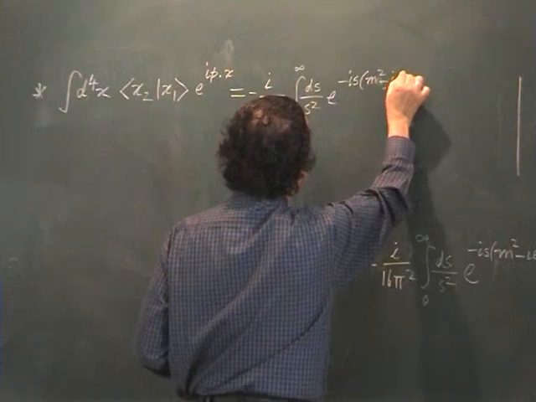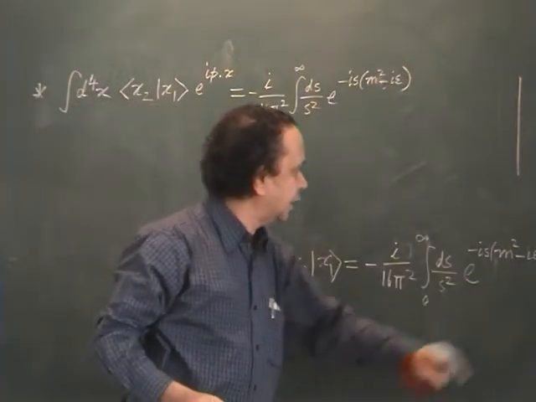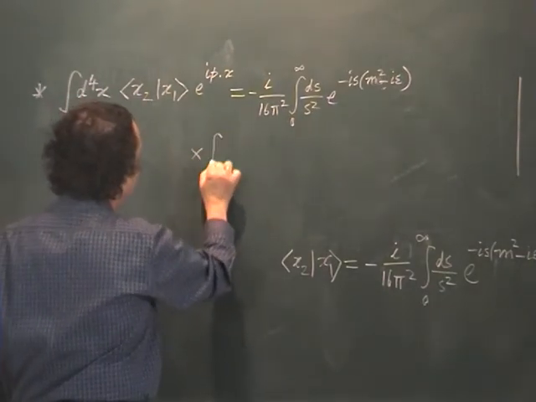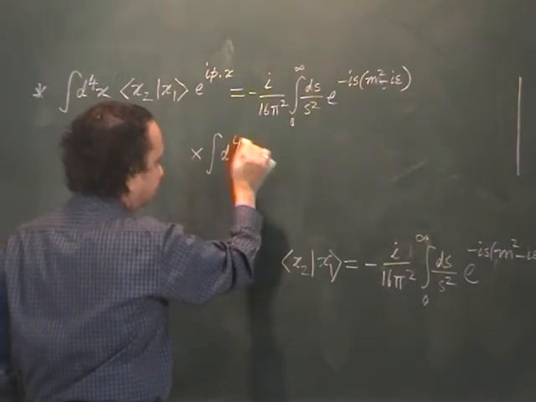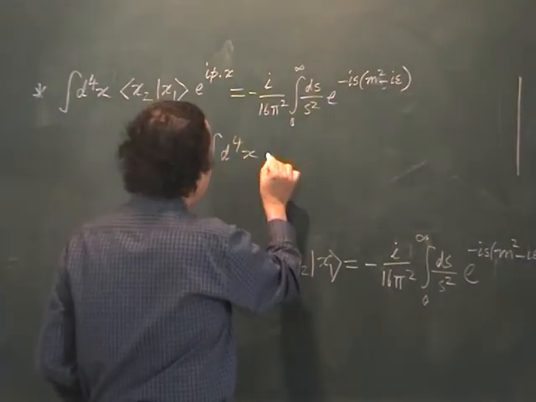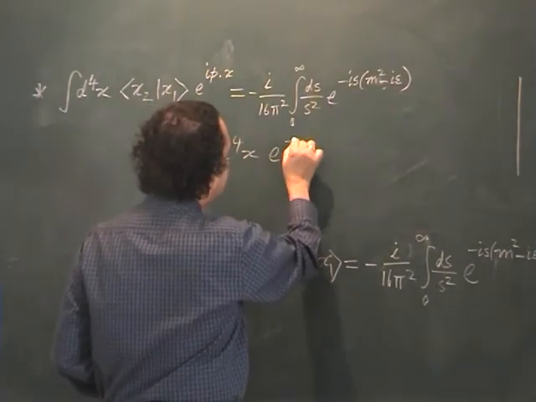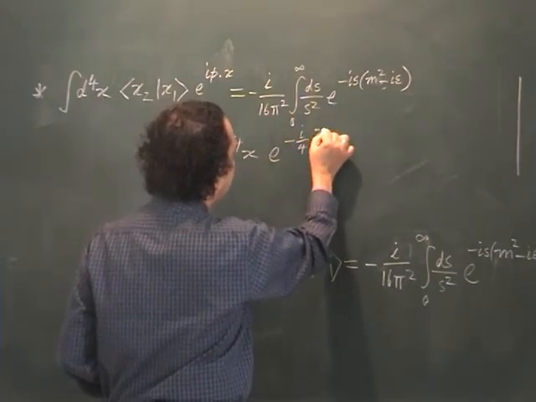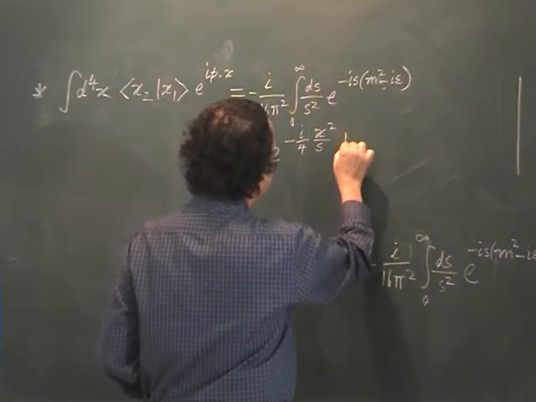This much of it is not relevant for us. Then we are going to do a Fourier transform on this, so it will get multiplied by the integral d4x of e to the minus i by 4, x square by s, plus i p x.